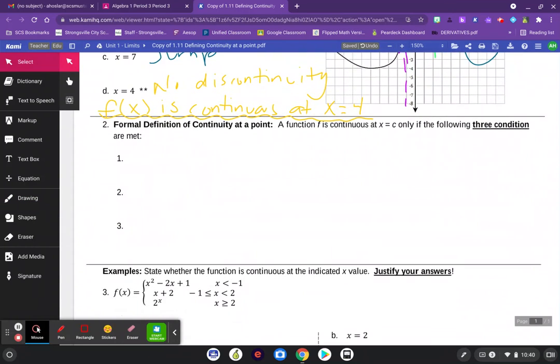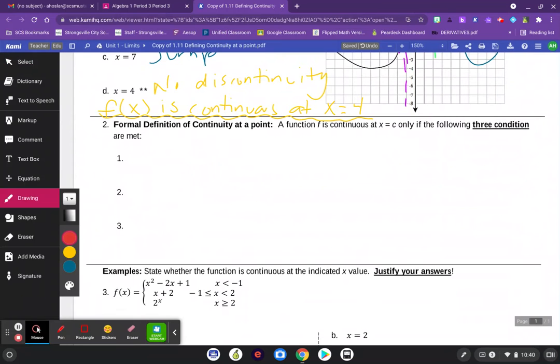So the formal definition of continuity at a point is that a function is continuous at x equals c only if the following 3 conditions are met. So the first condition is that f of c is defined.